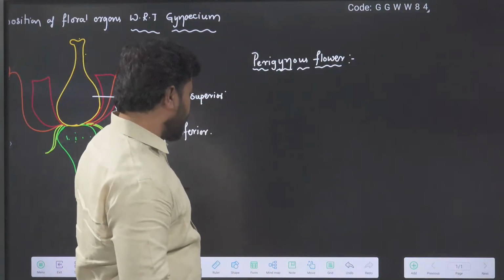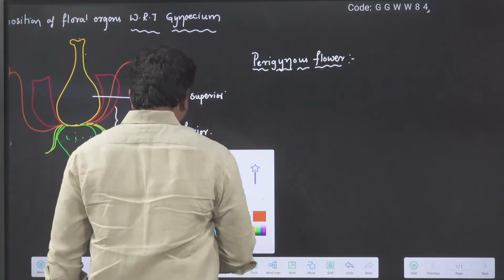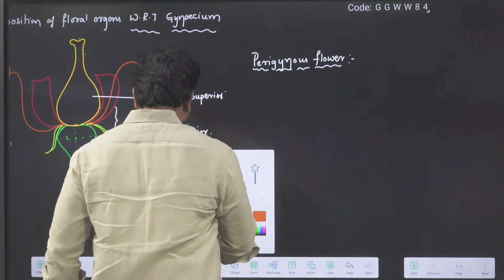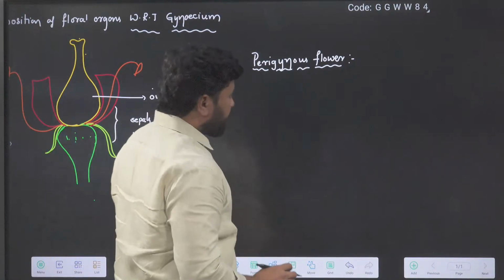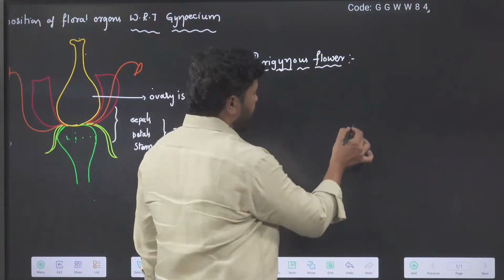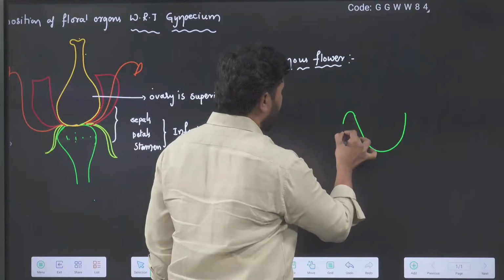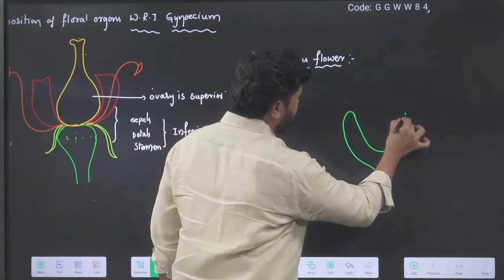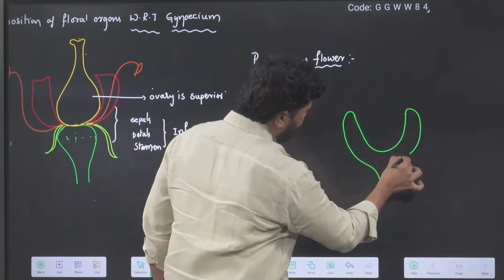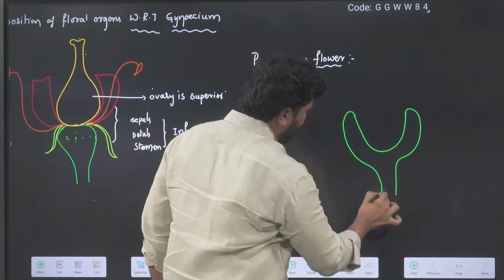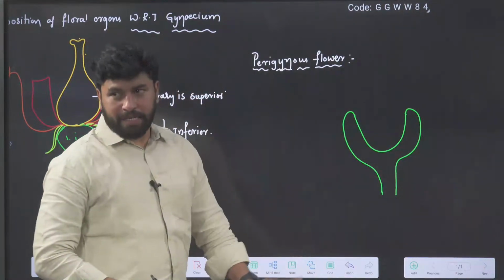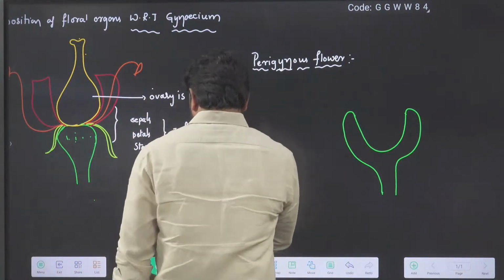Perigynous, as the name suggests, in this flower, around the gynoecium, floral organs will develop. Look at this. The thalamus develops like a cup-like structure. Careful. Imagine this is a cup.